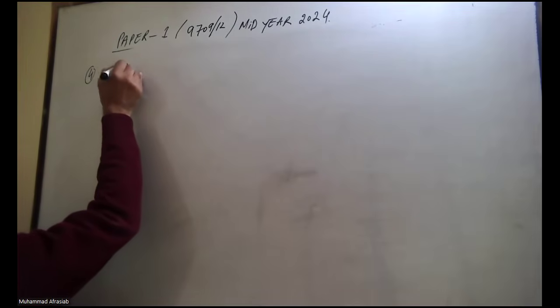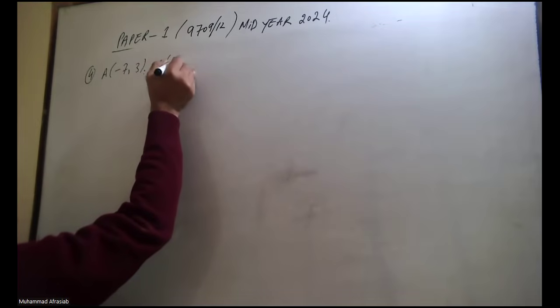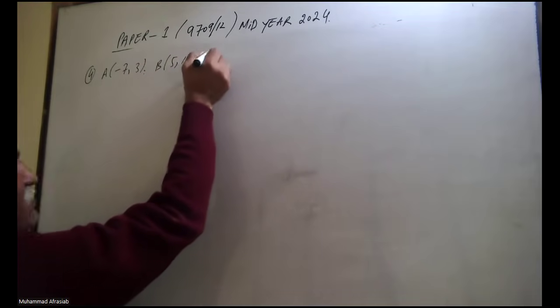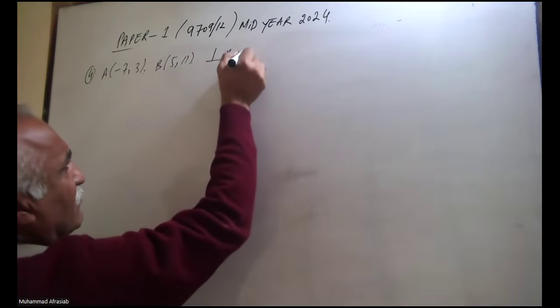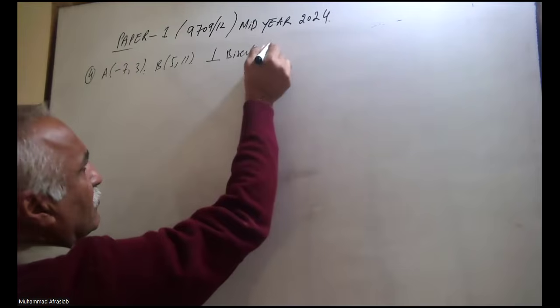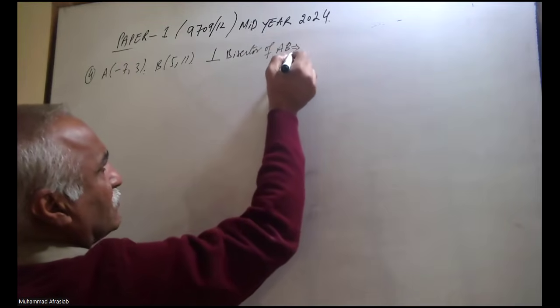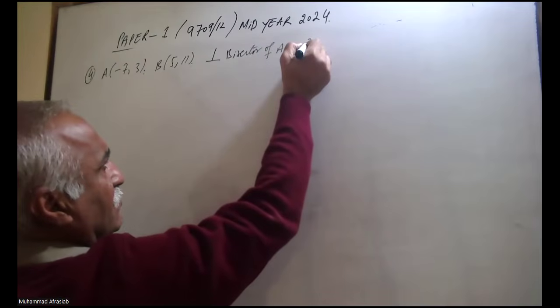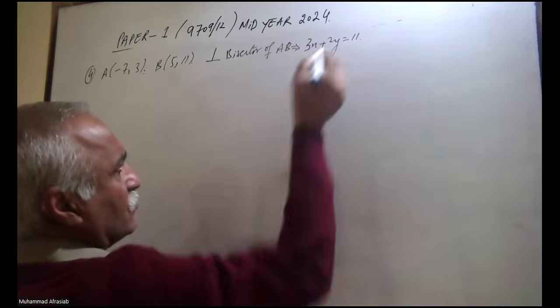A point is -7, 3 and B point is 5, 11. You have to show that the perpendicular bisector of AB equation is given by 3x plus 2y is equal to 11.